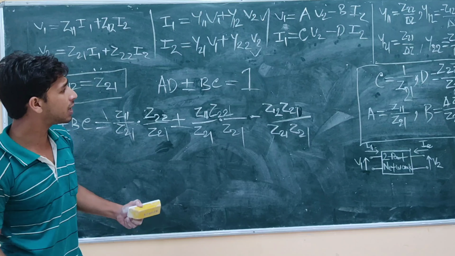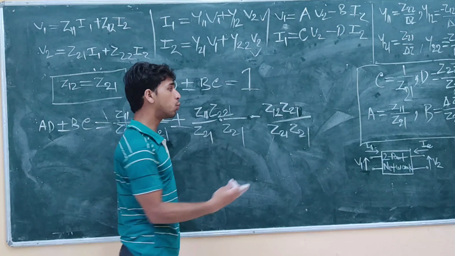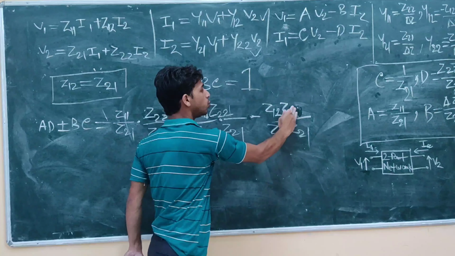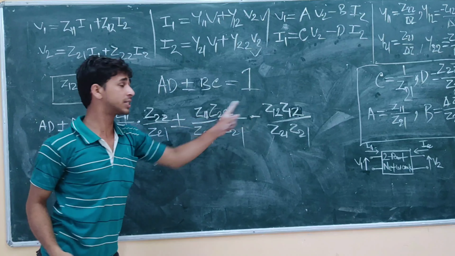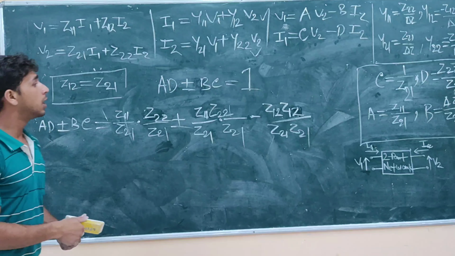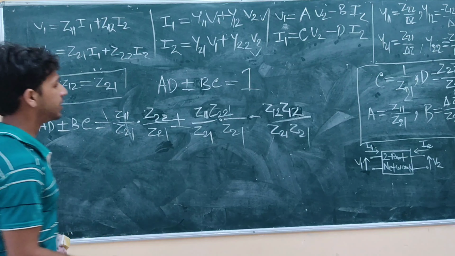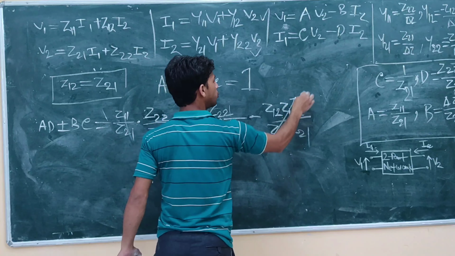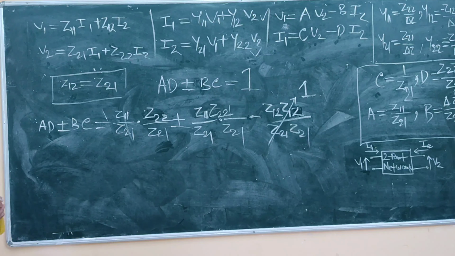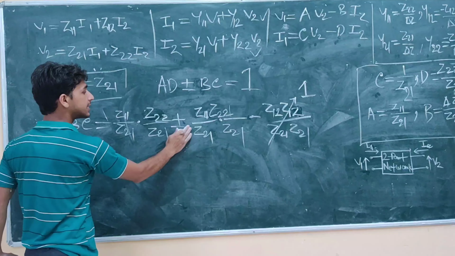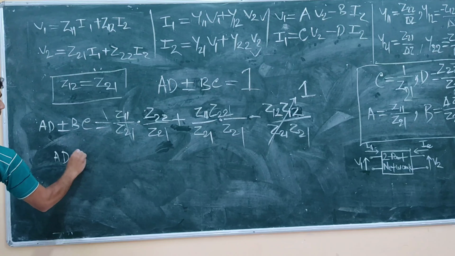In the case of a reciprocal circuit, we can write Z12 as Z21 or Z21 as Z12. So let's change this Z21 to Z12, because in a reciprocal circuit these two are the same. So from here, this whole term gives value 1. And if you take this sign as positive, you will be left with AD plus BC.